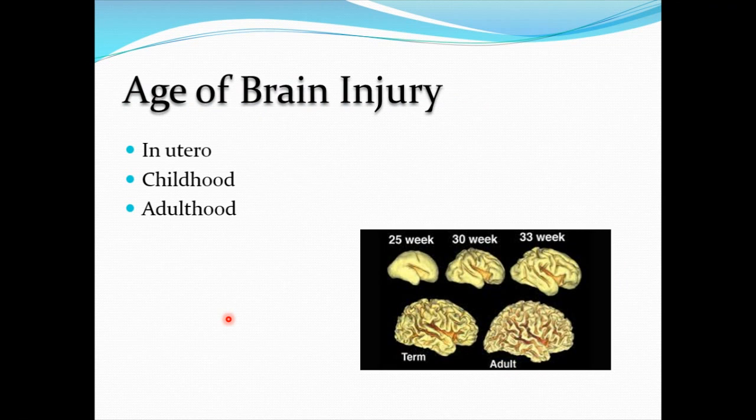And this is my last comment on brain plasticity. You obviously can't take it for granted that people's brain plasticity will always work. It depends on the area, and it depends on the age of the person, whether the damage took place in utero, in childhood, or in adulthood. And remember, up until the age of 2, if you have a brain injury in that time, it will probably be devastating, depending on the extent of it and where it is.